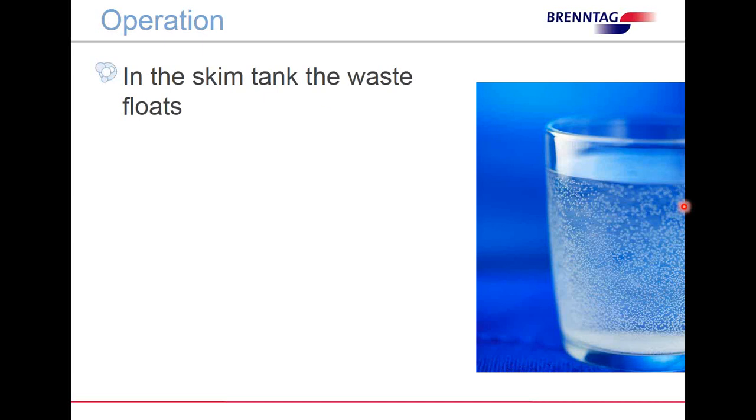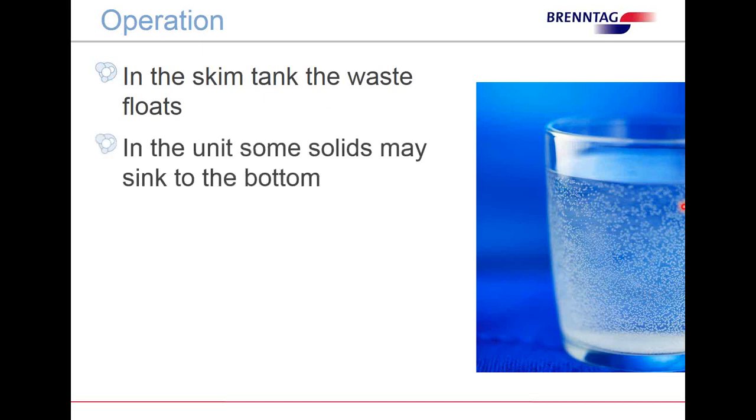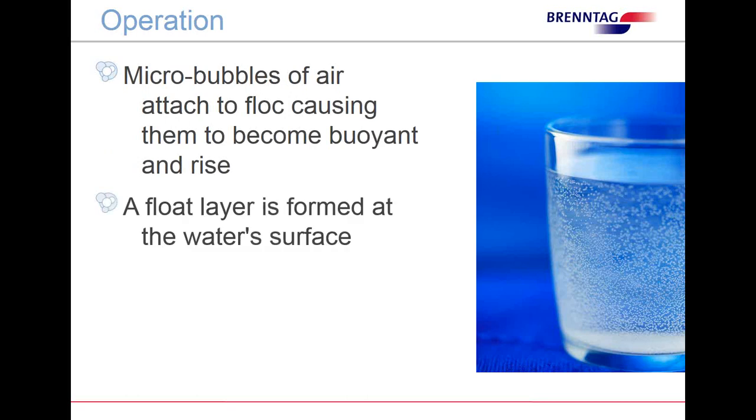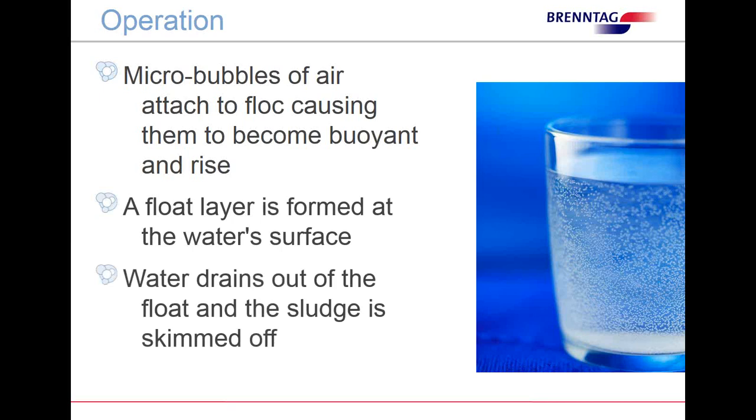In the skim tank, the waste floats, and in the unit, some of the solids may sink to the bottom. Microbubbles of air attach to the flock, causing them to become buoyant and rise. A float layer is formed at the water's surface. The water drains out of the float, and the sludge is skimmed off.